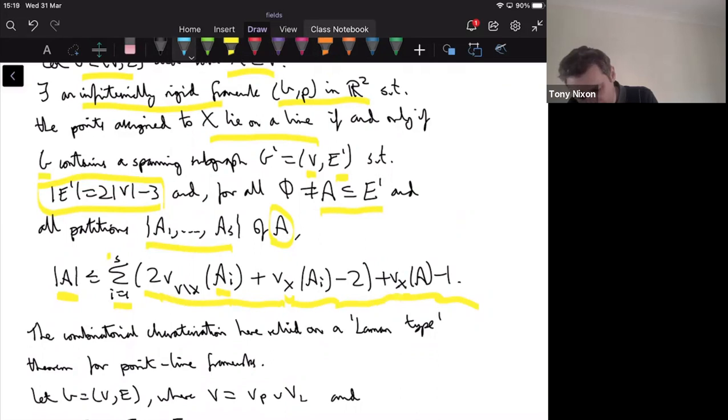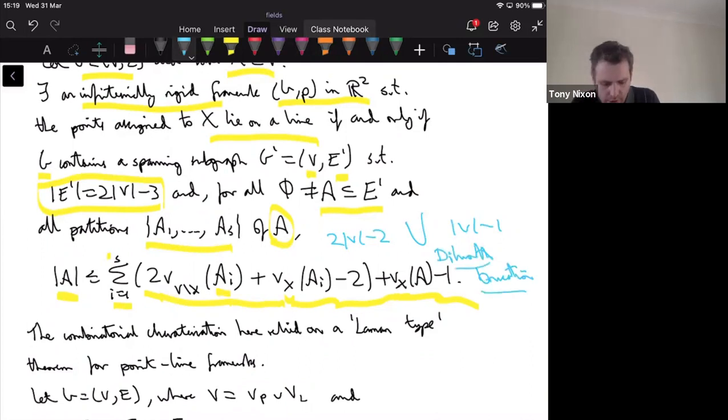So we have the mod V minus 1 matroid, and the mod V minus 2 matroid, and we're taking a matroid union, but there's also an operation called a Dilworth truncation going on here. I haven't defined matroid union or Dilworth truncation in the course.